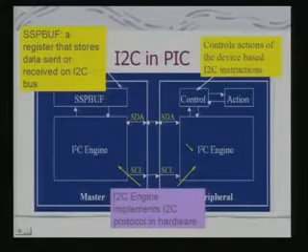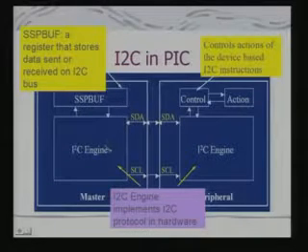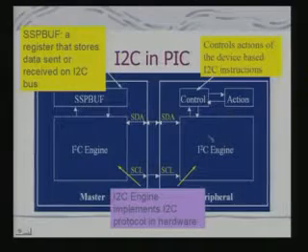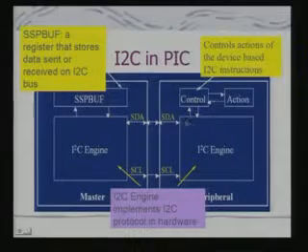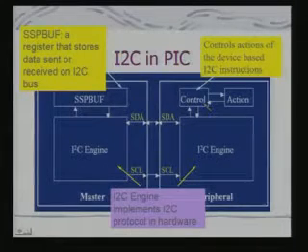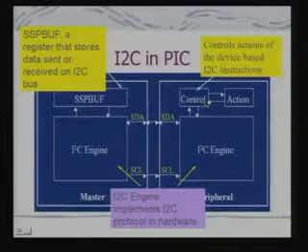Because if you remember, I said that if I have let's say a data frame I have started, and I want to read data, the master wants to read data. So I2C engine will detect that this is a read operation, and depending on that read operation, the control logic has to be activated to provide data on the serial data line. So this is this control logic, okay. So control actions of the device based on I2C instructions.